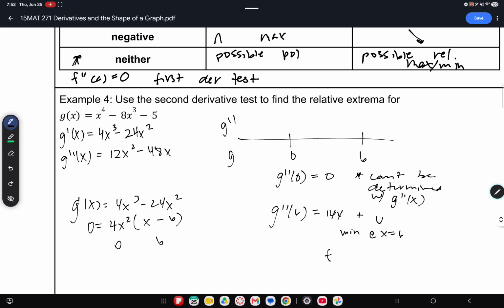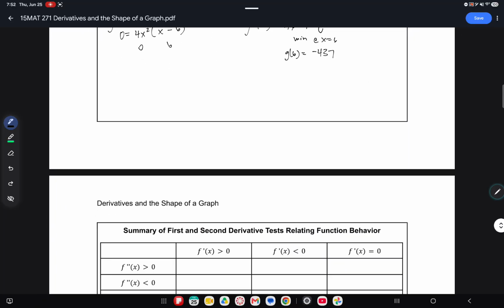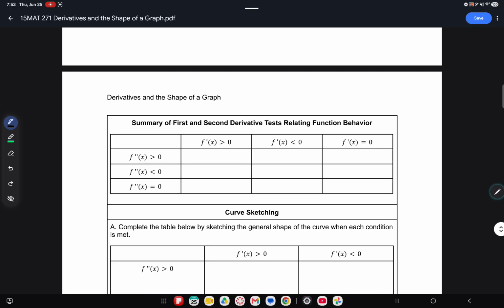And I can plug that into the original function and see what that gives. So 6 to the 4th minus 8 times 6 cubed, and then minus 5, I get negative 437. All right.